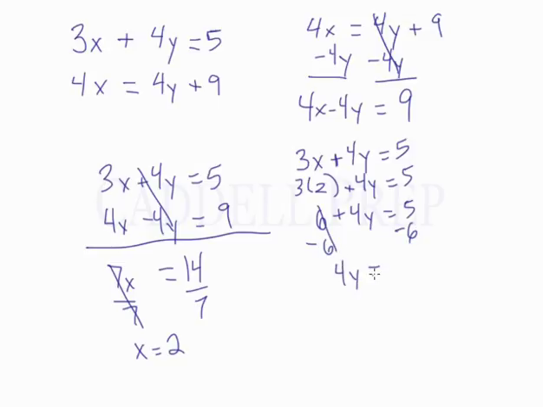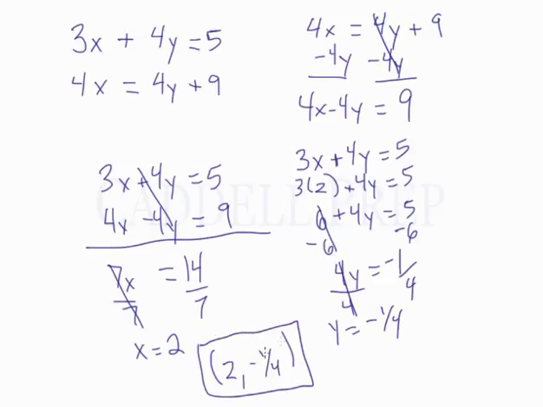And we get that 4y equals negative 1. Last step, divide by 4. Get y equals negative 1/4. So our solution would be 2, negative 1/4. It is okay to get a fraction as one of the variables.